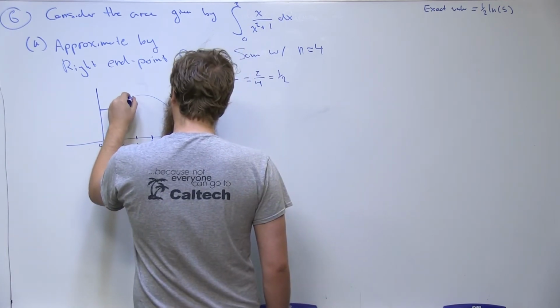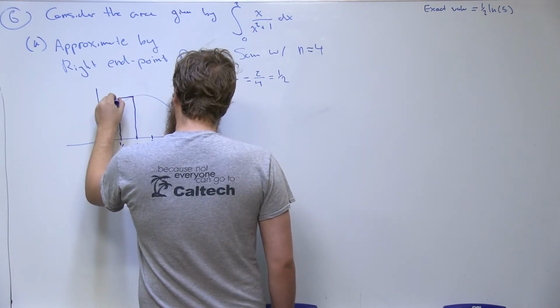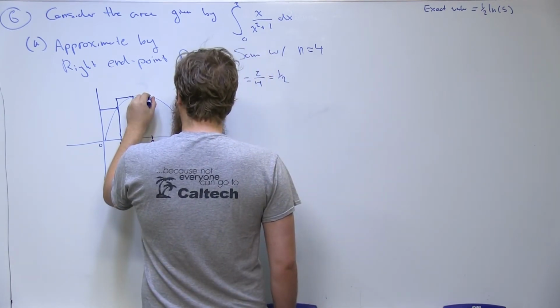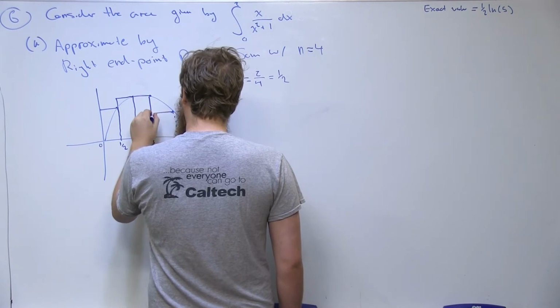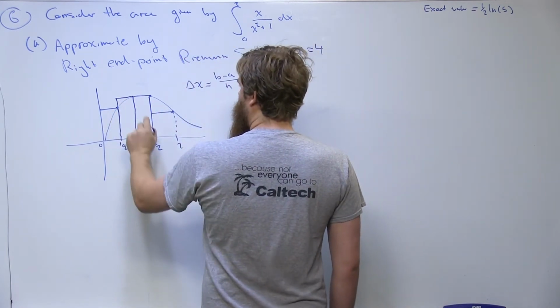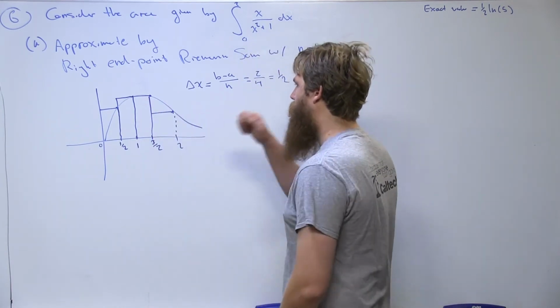Similarly here, the right endpoint of my second subinterval, which is 1, will determine the height of my second rectangle. And likewise. Okay, so it looks like these guys are overestimating a little bit, and these guys are underestimating. This guy looks like he's underestimating a lot, but that could be my picture.